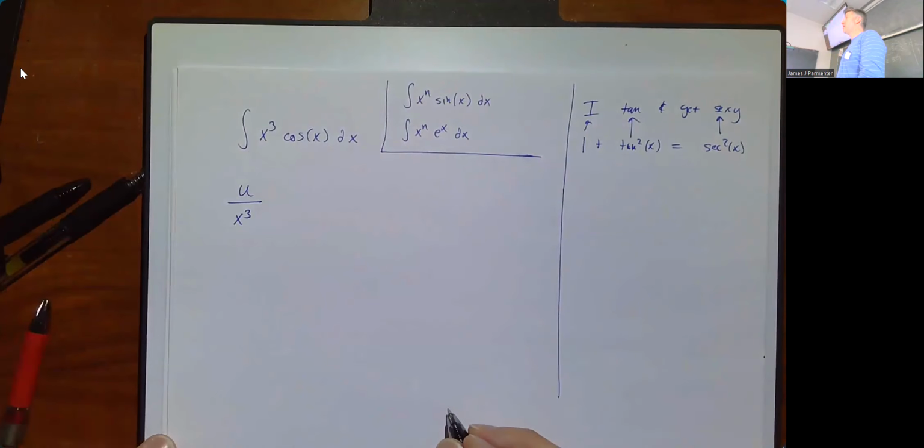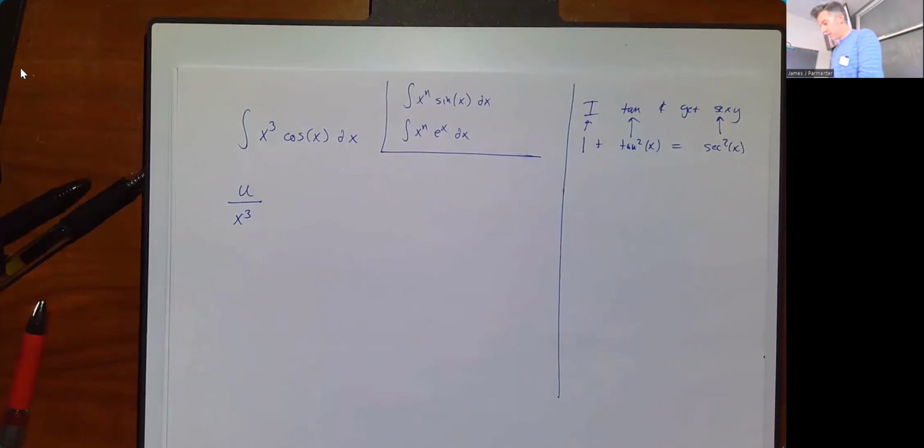And now you're going to make a list of all the derivatives of your choice of u until you get to 0. That's why your u has to be x to a positive integer power, because with any other power, you won't get to 0 eventually.